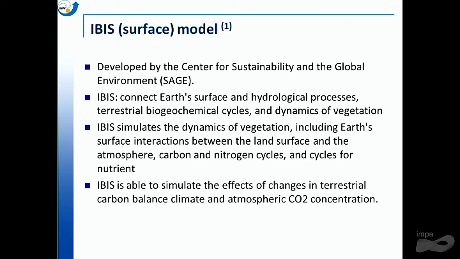IBIS connects Earth's surface and hydrological processes, terrestrial biogeochemical cycles, and dynamics of vegetation. Also, IBIS simulates the dynamics of vegetation, including Earth's surface interaction between land surface and the atmosphere, carbon and nitrogen cycles, and cycles for nutrients. IBIS is also able to simulate the effects of changes in the terrestrial carbon balance, climate, and atmospheric CO2 concentration.